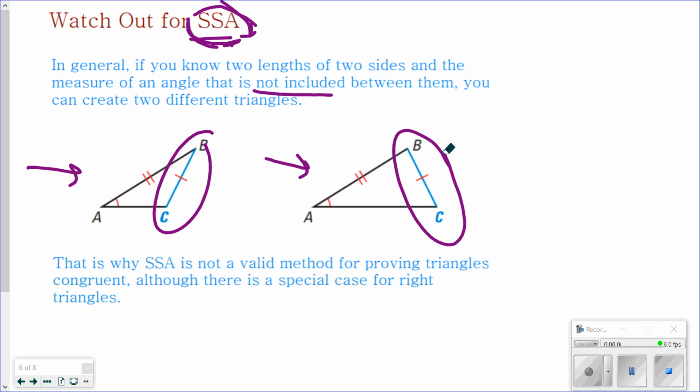That's why it does not work. These two triangles, this one here and this one here, are not congruent. They're different shapes. So this is why side, side, angle is not valid. Now, to me, this is very easy to see because if you flip it around, it's a bad word, right? So anytime you see that word, we know right away that it's not a congruent statement. It's not going to work.